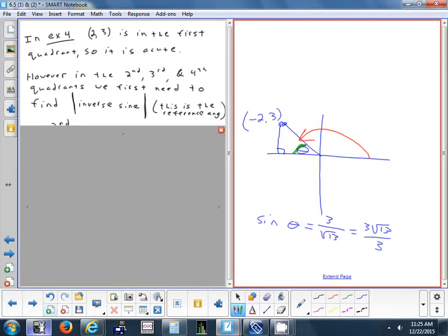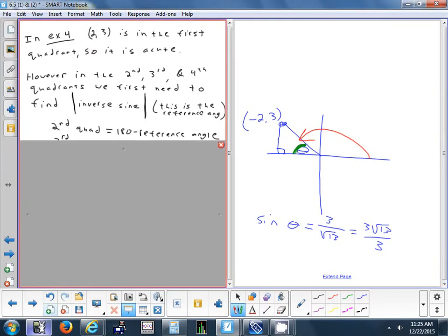But what do you think you'd have to do in quadrant 2 to find that red arrow, if you knew this part right here? It'd be 180 minus that part. Yeah. You do 180 minus the thing in green here. We call that the reference angle. Okay, so it's 180 minus the part in green gives you the part in red. Okay, so that's what you have to do in quadrant 2.